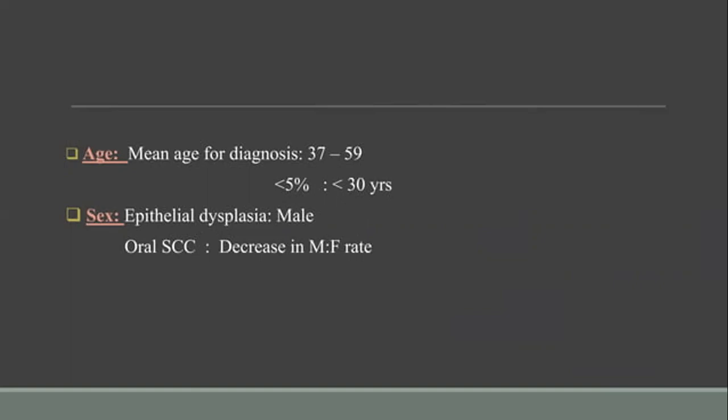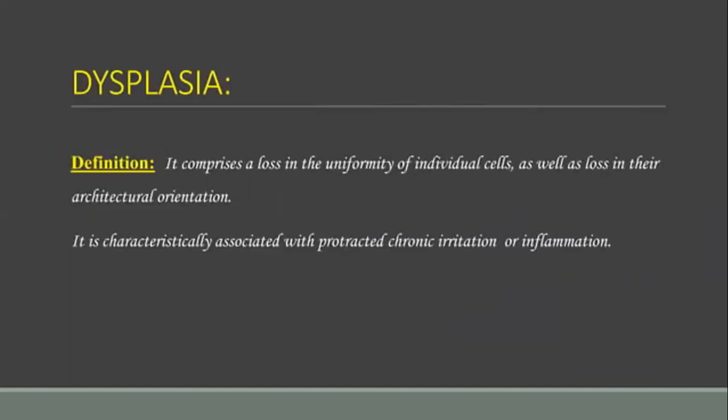Epithelial dysplasia is mainly met in males. So the dysplasia definition is that dysplasia comprises a loss in the uniformity of individual cells as well as loss in their architectural orientation. It is characteristically associated with protracted chronic irritation or inflammation.